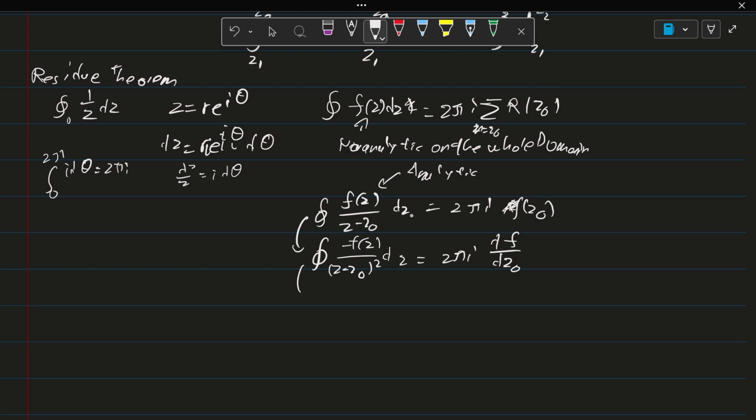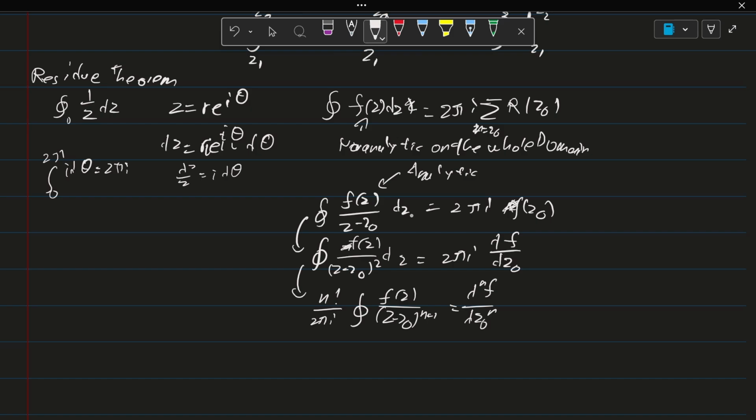We could go further and further to obtain that n factorial over 2πi times the circular integral of f(z) over (z minus z0) to the power of n plus 1 must be the same as d^n f over dz0 to the power of n.